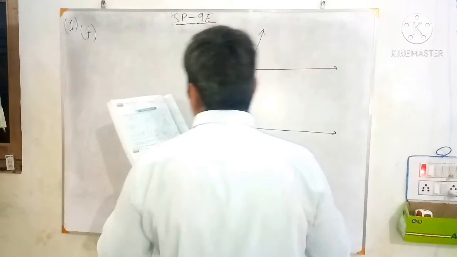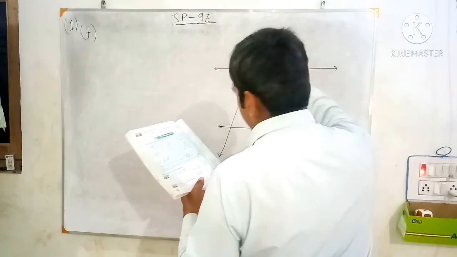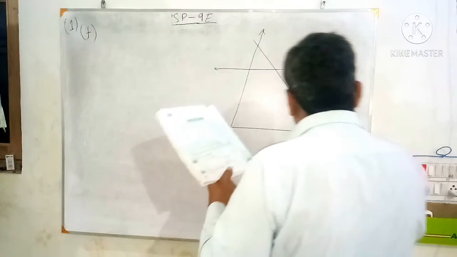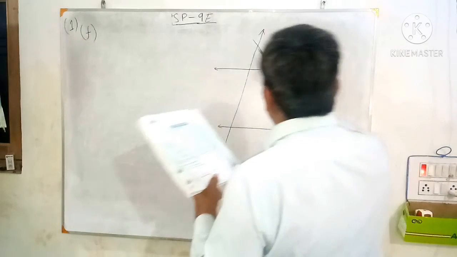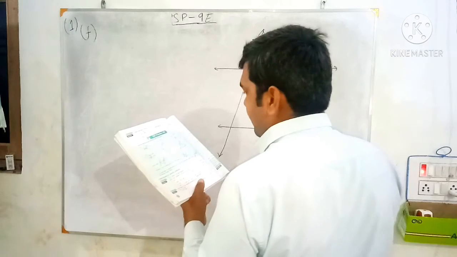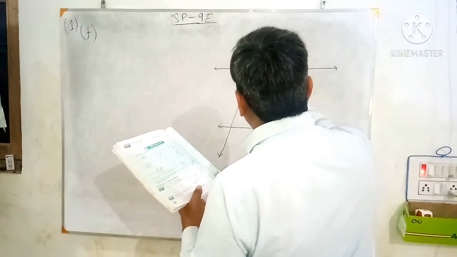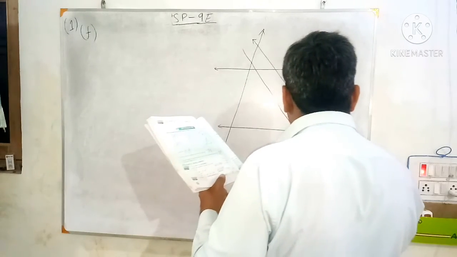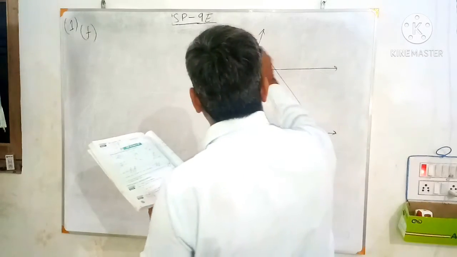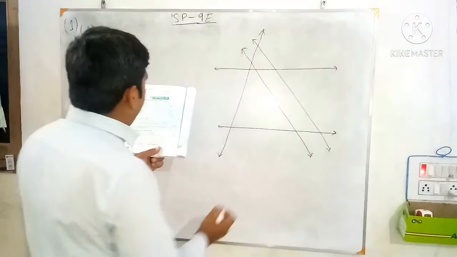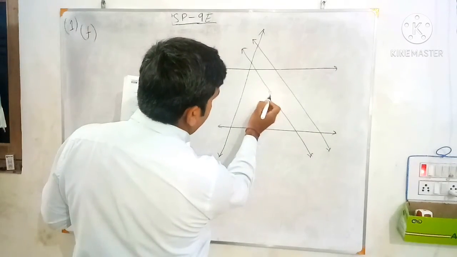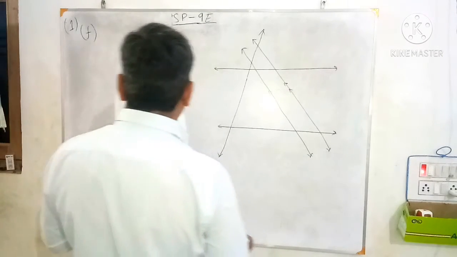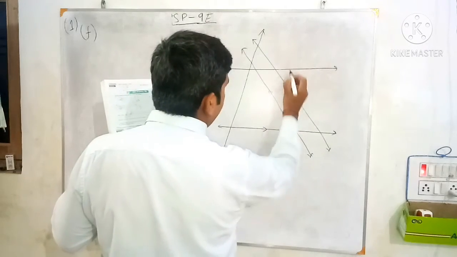And after that, two more transversals are there. And after that, another transversal. And these two transversals are parallel. And these lines are also parallel to this.